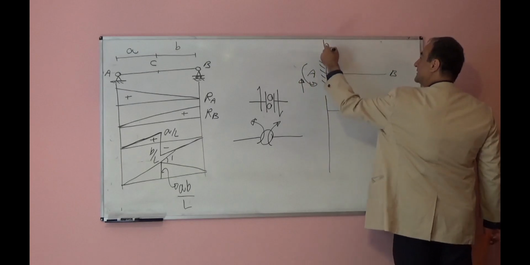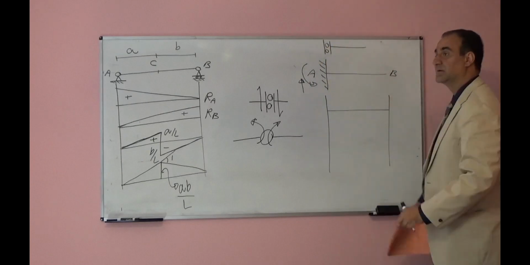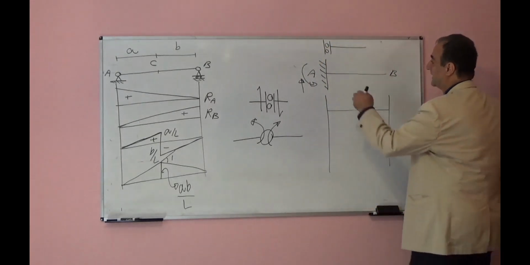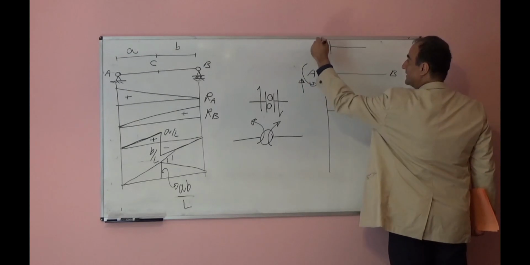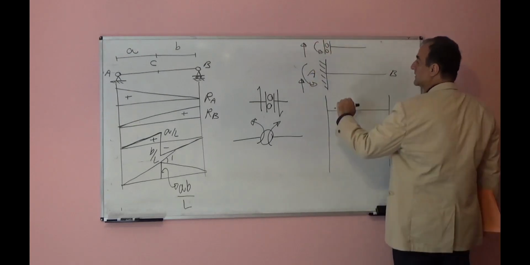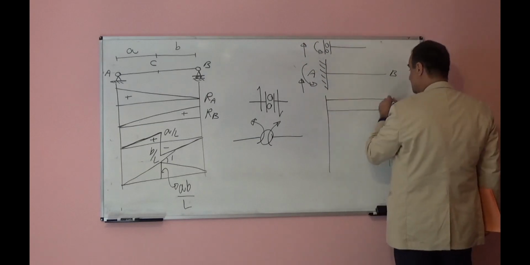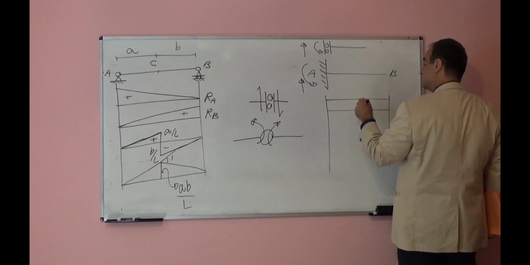So here you should put this kind of connection, and here you will not cancel the moment, only the force, and you will apply unit displacement, so the entire beam will shift up 1.